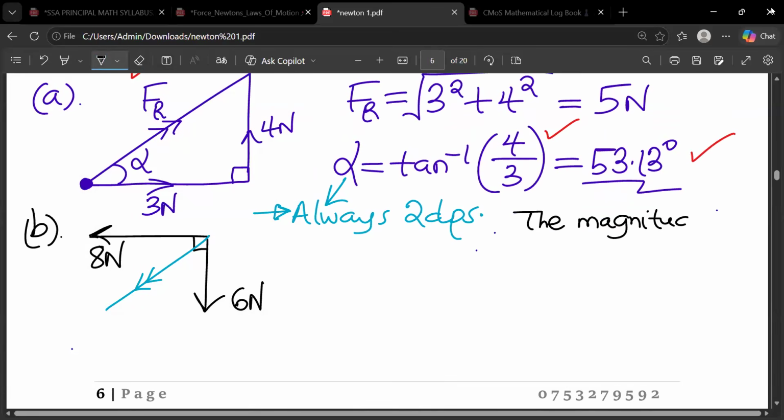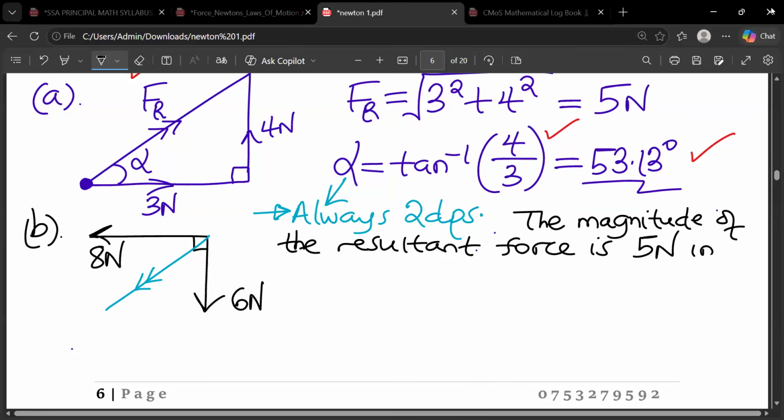You say that the magnitude of the resultant force is 5 newtons in the direction of 53.13 degrees with the horizontal.